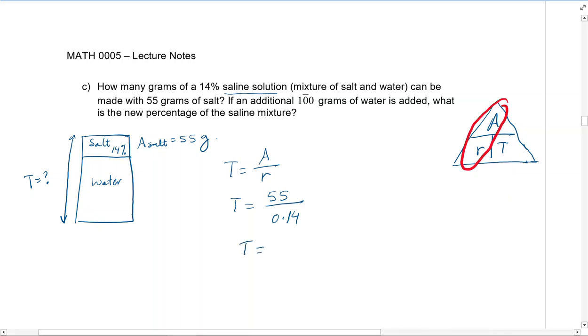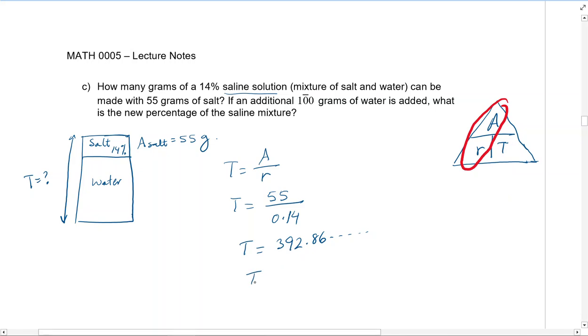And then if you use your calculator, it will show something like this. And you can store this value in your calculator if your calculator has store features. And then if we want to give our answer in 3 sig figs, we have to round to 3 sig figs.